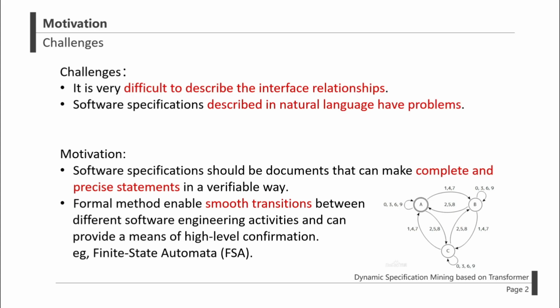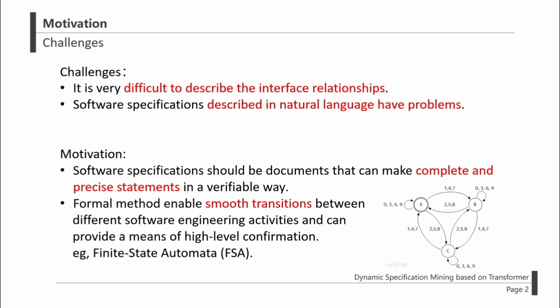Below is the motivation. Software specifications should be documents that can make complete and precise statements in a verifiable way. Formal methods are ideal modeling tools that enable smooth transitions between different software engineering activities and can provide a means of high-level confirmation.